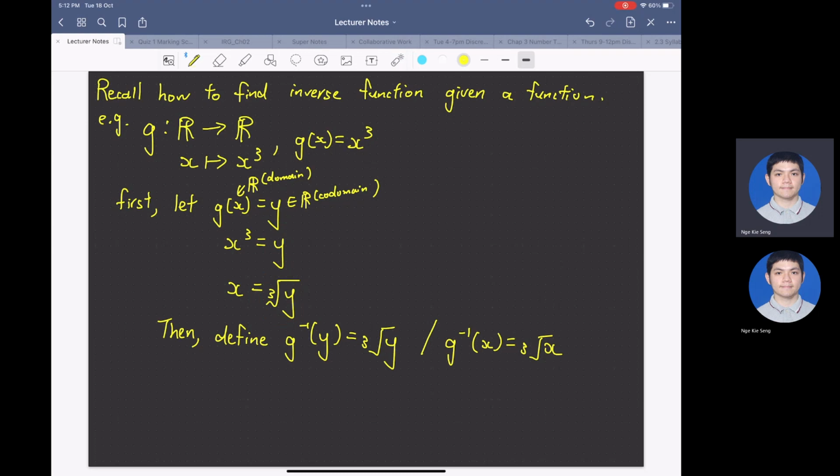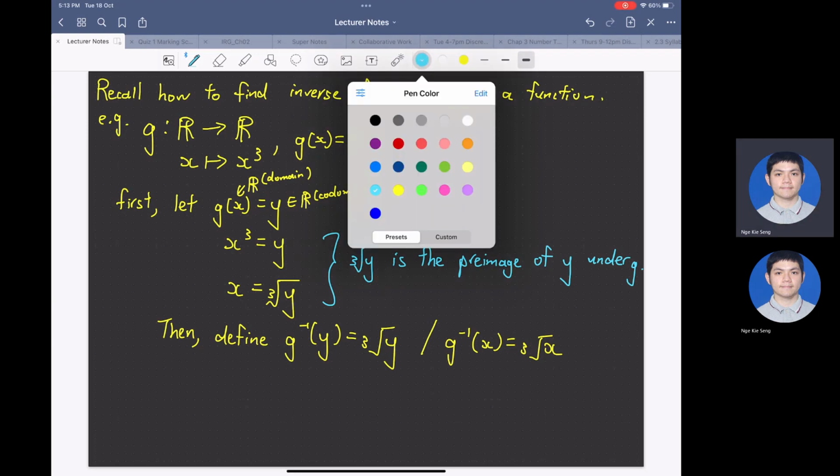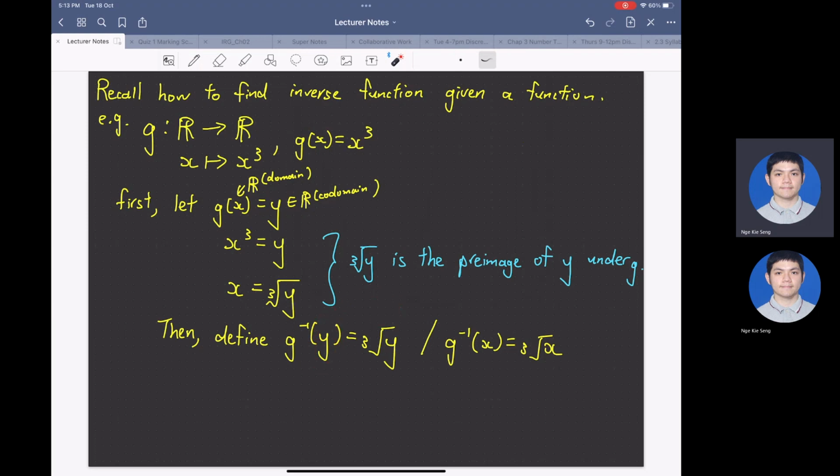I have a remark here. This is the image of y under g. So you define your inverse to be sending your y to its pre-image.